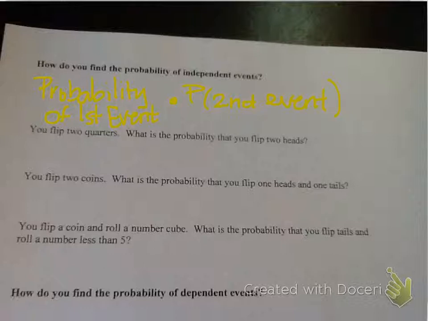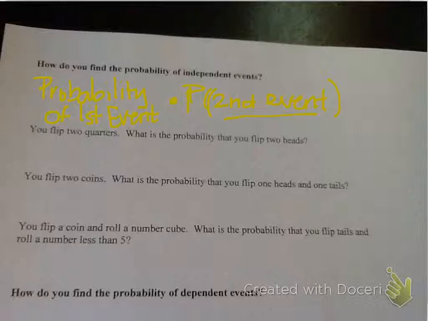And on this second one, I wrote a capital P with some parentheses. That's probability notation. So it just means that you're finding the probability of the second event. So whatever you see in parentheses is what you're finding the probability of anytime you see that P and then parentheses. So let's try some probability problems.